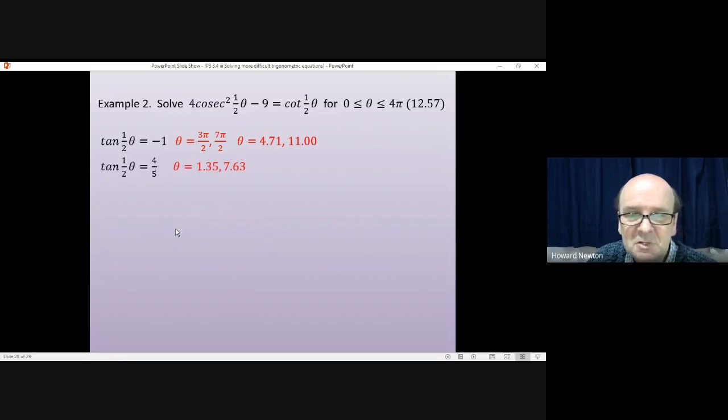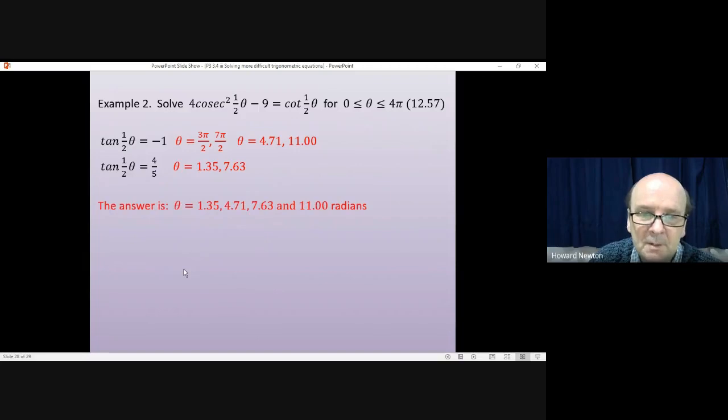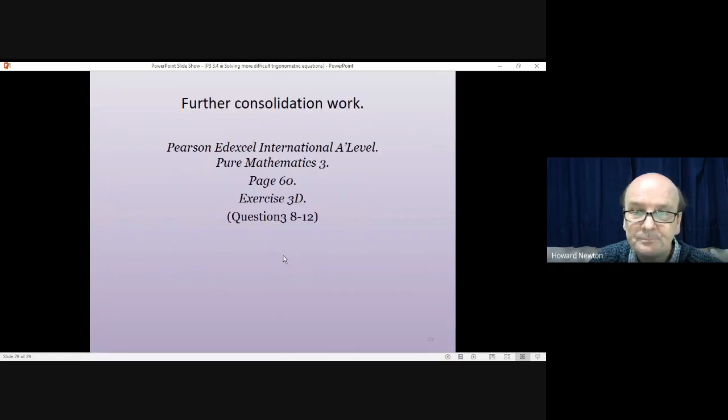The other two solutions that we found were 1.35 and 7.63. And it's a good idea when you write down the answer just to put all of these 4 possible solutions in order. So that would be the best way to write the answer. Theta could be 1.35, 4.71, 7.63, or 11.00, and all of those are in radians.